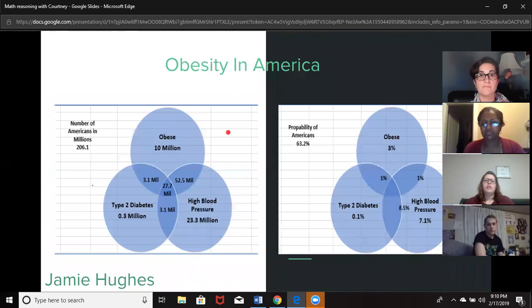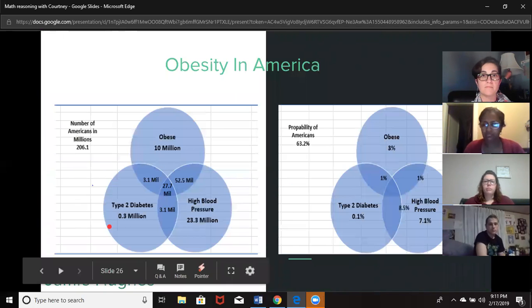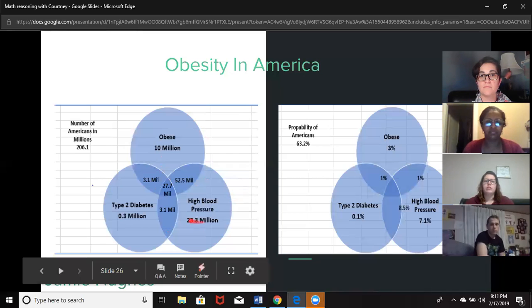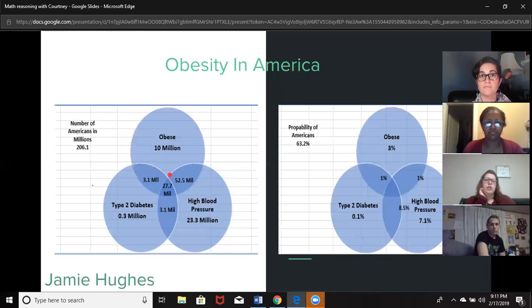Only 10 million Americans are only obese, but 52.5 million Americans are obese with high blood pressure. Only 0.3 million Americans have only type 2 diabetes, but 3.1 million are obese with type 2 diabetes. And 27.7 million are suffering from all three disorders. So we can infer that obesity could be linked to diabetes and high blood pressure.